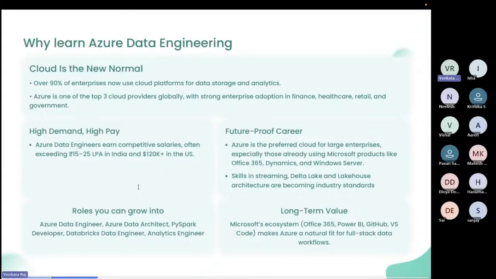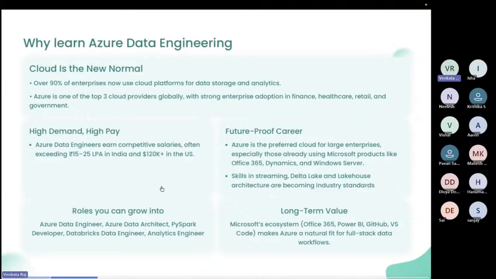I have seen some cases where the analyst teams or other roles like ETL teams are decommissioned, but the data engineering teams have never been laid off or replaced, right? So this career is going to be future proof because the underlying technologies are also going to give you an edge over the other roles, the analyst roles or BI roles.